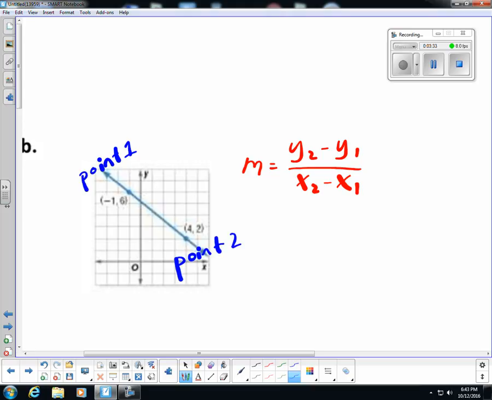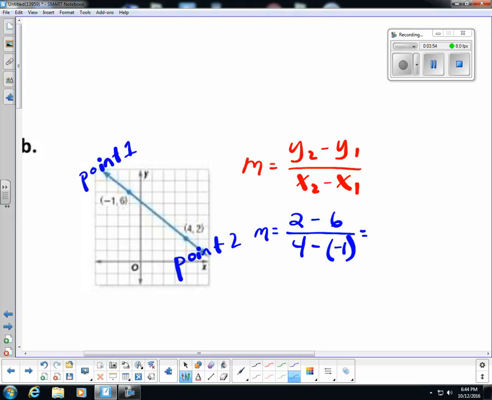When I start to fill things in here, slope is equal to y sub 2, which is 2. Y sub 1 is 6, so I've got 2 minus 6. X sub 2 is 4. X sub 1 is -1. So 2 minus 6 over 4 minus -1.